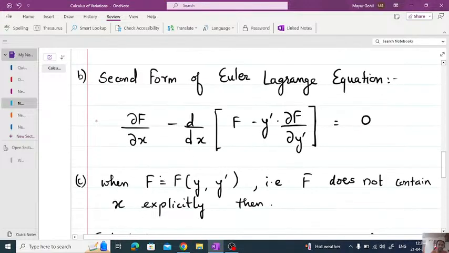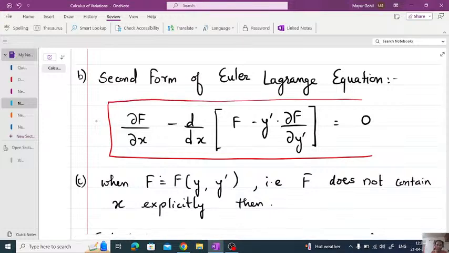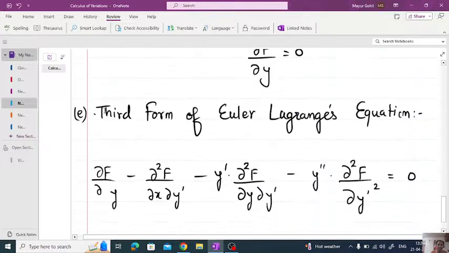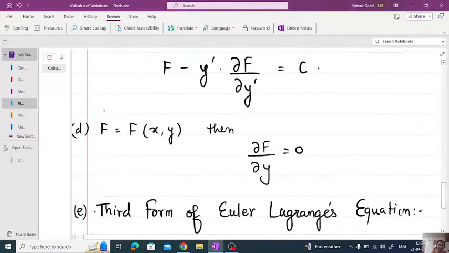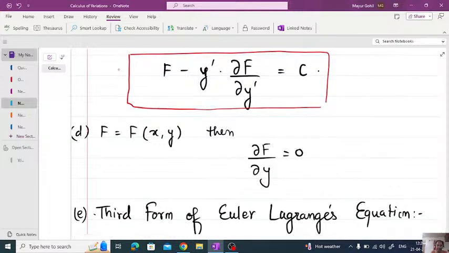So this is the second format. Here this is the third format. Out of the second there is one formula that you have.